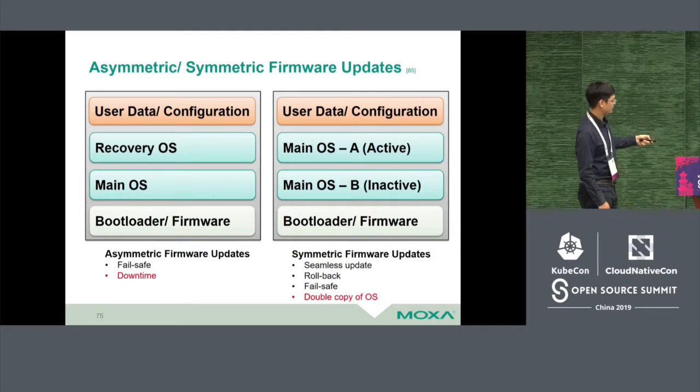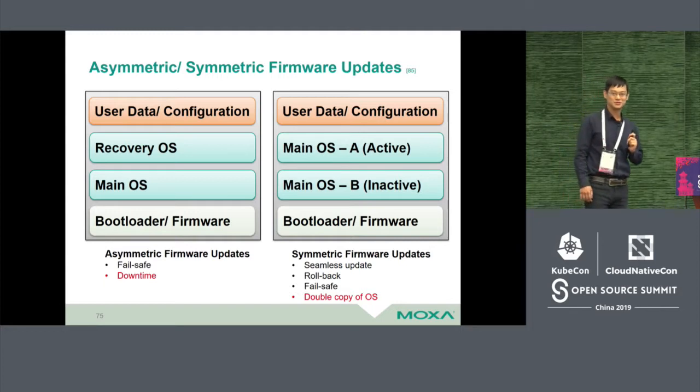we will have some downtime because we only have the main OS. But once we get a failure, we have a recovery OS. So we have fail-safe. But for the symmetric firmware update, we have a backup OS. So we will always keep alive. But the drawback is that we have a double copy of the OS.